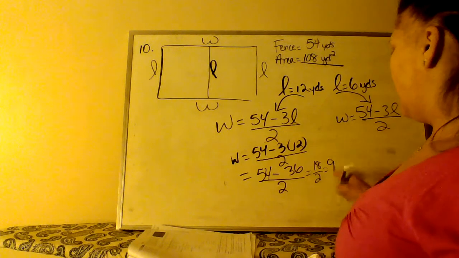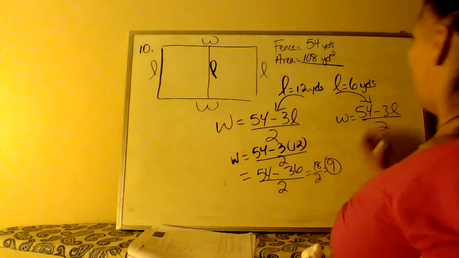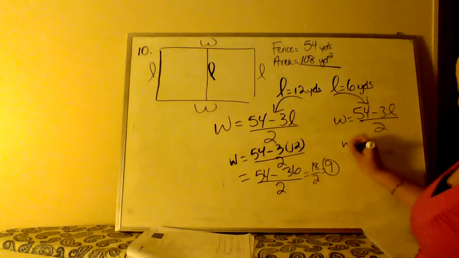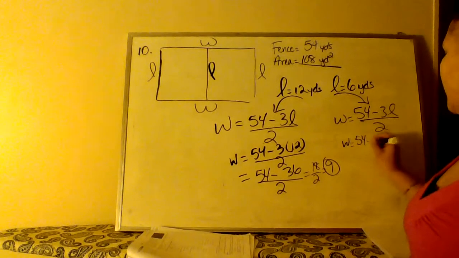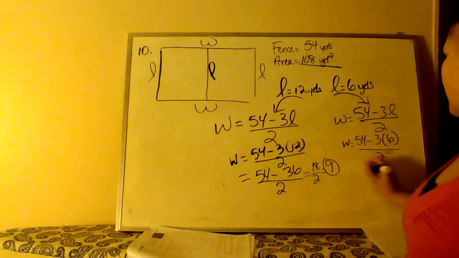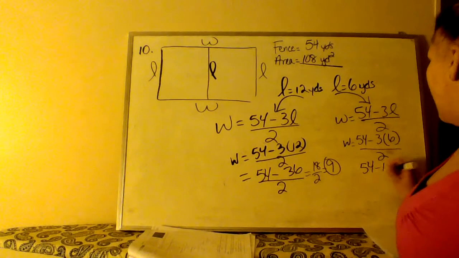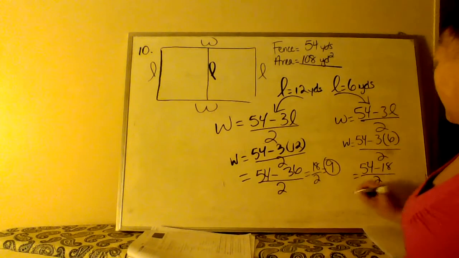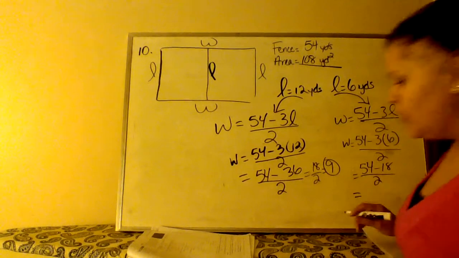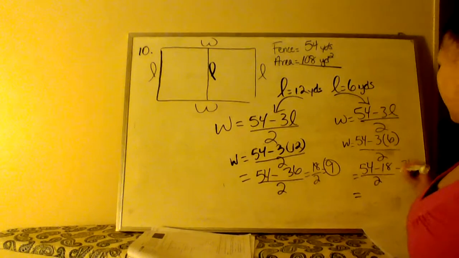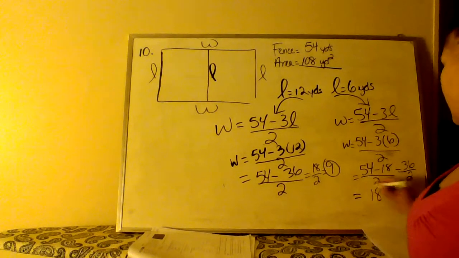Okay, so you end up with 9 for this one. And then when you solve the next one, W equals 54 minus 3 times 6 divided by 2. So 54 minus 18 divided by 2. So when you do that one out, you end up with 36 over 2, which just equals 18.